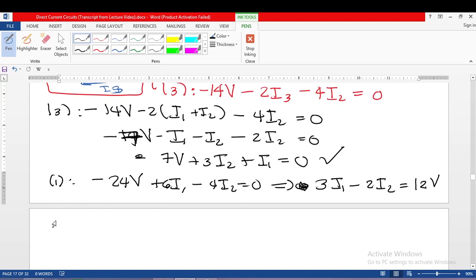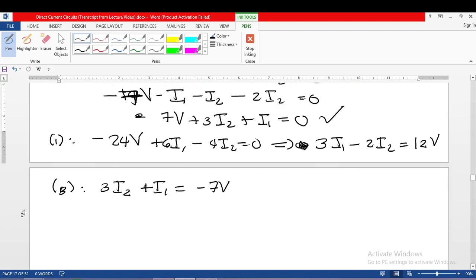So first, equation 3, we know that 3I2 plus I1 is equal to negative 7 volts. Then equation 1, we know that 3I1 minus 2I2 is equal to 12 volts. So we can just multiply here by negative 3 para pag-add na to sa 3 ug 1, matangtang si I1. Okay?